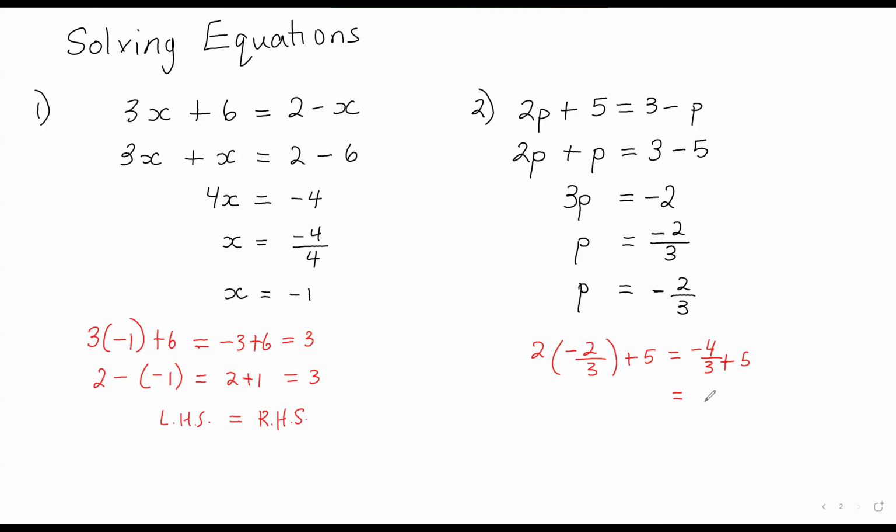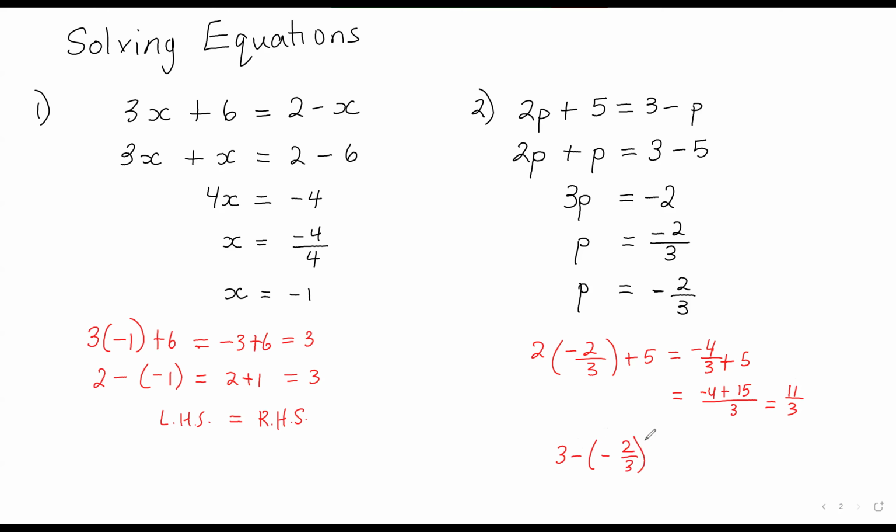So this would be negative 4 plus 15 over 3, which would be negative 4 plus 15 is 11 over 3. Right? And then on this side, we'll have 3 take away.